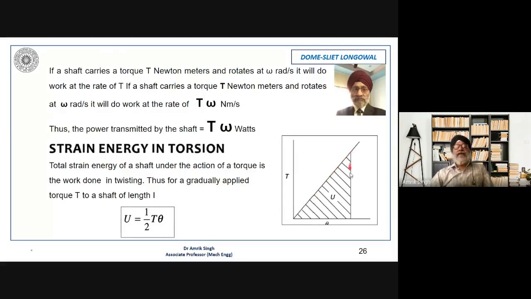So the area under this curve is used for calculating the strain energy. The total strain energy of a shaft under the action of a torque is the work done in twisting. Therefore, for a gradually applied torque, U is equal to half, because the area of this triangle is half base into height, so that is half T into theta.